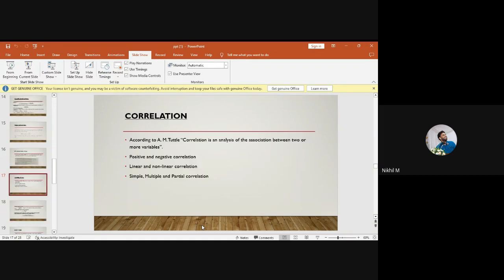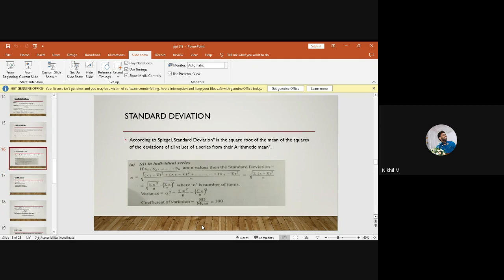So these are the four methods of measures of dispersion or measures of variability. Dispersion or variability speaks about the spread or scatter of values in a series. Measures of dispersion measure the variability in the series.